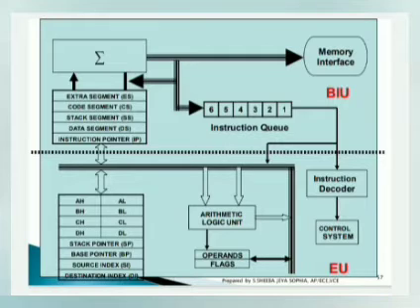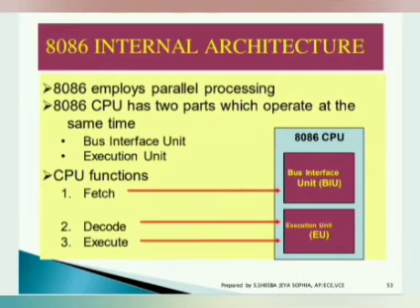The architecture here is separated into two major units. The first one is the bus interface unit and the second one is the execution unit. As we said earlier, the 8086 microprocessor performs fetching, decoding and execution. Fetching is done in the bus interface unit, whereas decoding and execution are done in the execution unit.